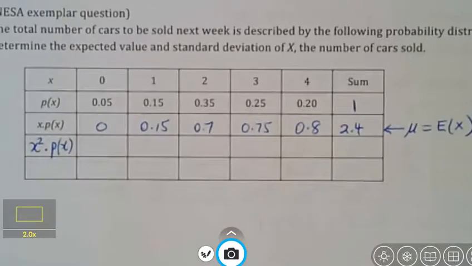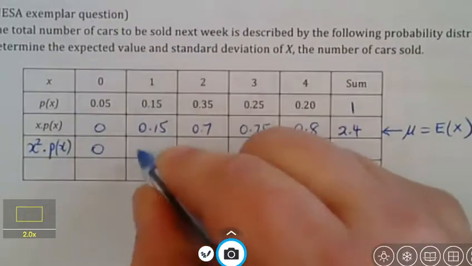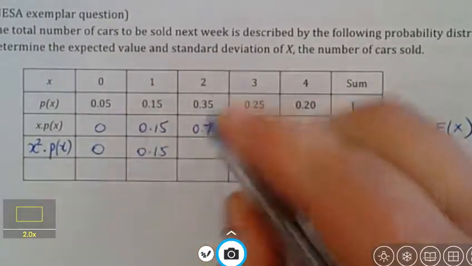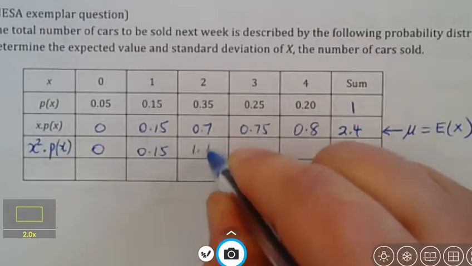And then what we might do is do the other method underneath, and we'll see if we get the same answer for both. All right? So x squared px is 0, the same. 4 times 0.35. What's that? 1.4? I think it is.